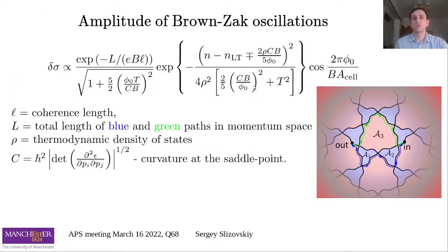Accounting for energy broadening due to finite temperature leads to this formula for the amplitude of Brown-Zak oscillations. We see that it depends on the coherence length of the carriers, L, allowing us to extract it from the experiment. Also, the maximum of the amplitude of Brown-Zak oscillations is shifted from the Lifshitz transition doping by an amount proportional to magnetic field.